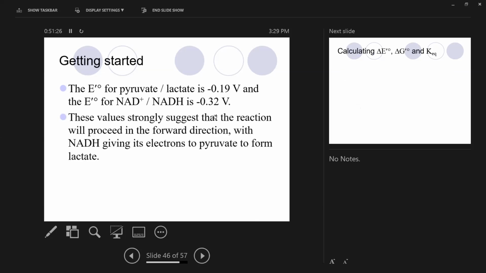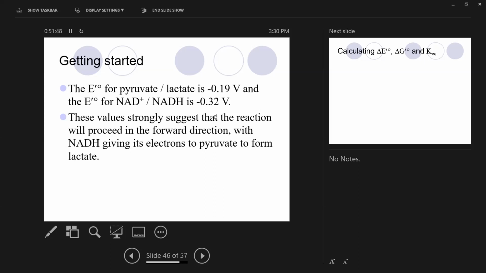So looking at these values, we would suspect the reaction, if it's going to proceed in the forward direction, you're going to have NADH giving its electrons to pyruvate because that's more negative. Therefore, that's going to be the giver. This will be the taker.